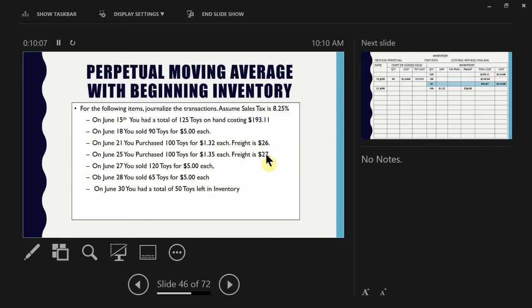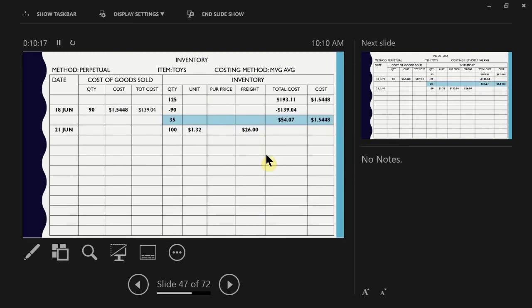So then now on June 21st, here we made a purchase of more inventory. So therefore, our average cost per item is going to change. So we enter in this right here. We calculate that the purchase price is 132 plus 26 gives us a total of 158.